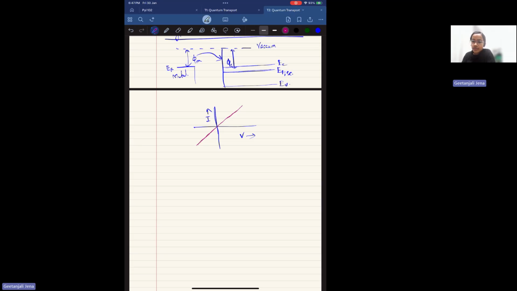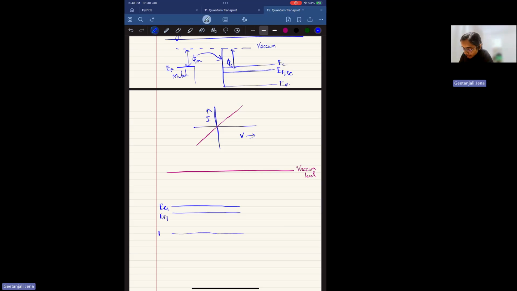So this rule says to find out the conduction band offset or the valence band offset that we see when combining two different types of material, first, we have to align the vacuum level to a single energy level for the two materials. So this is the vacuum level. Now we have to represent the electron affinity or the work function of the materials on either side of this interface according to this vacuum level. Let's say we have a situation like this. We have a semiconductor where the conduction band is here and the Fermi level for this is here.